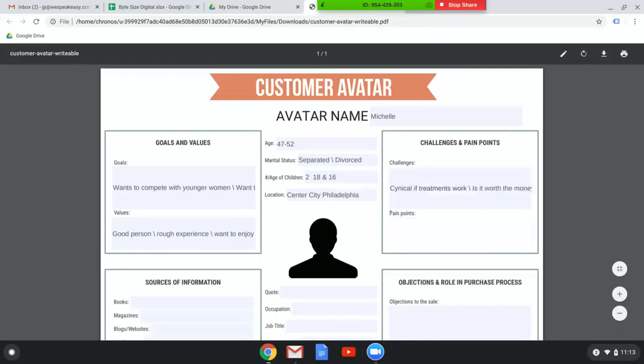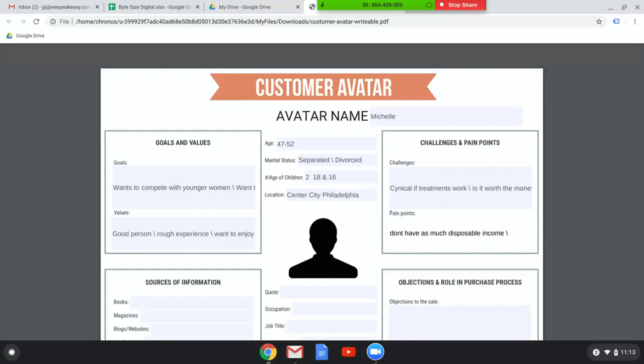Am I worth spending that money on? Pain points: they don't have as much money as they did before. And another pain point is they don't want whatever treatment they get to look obvious.